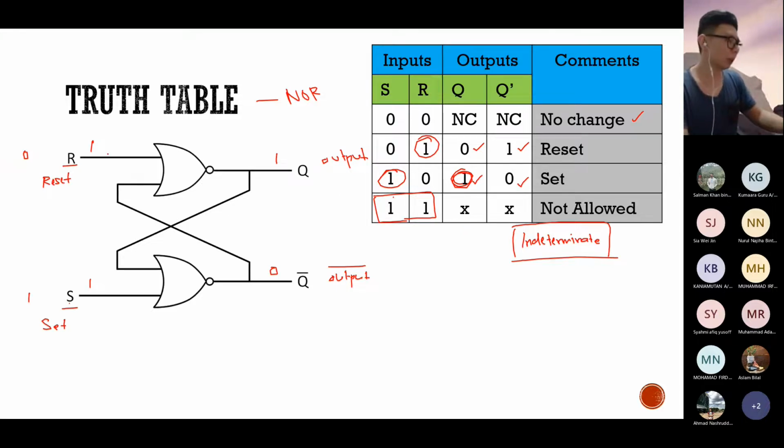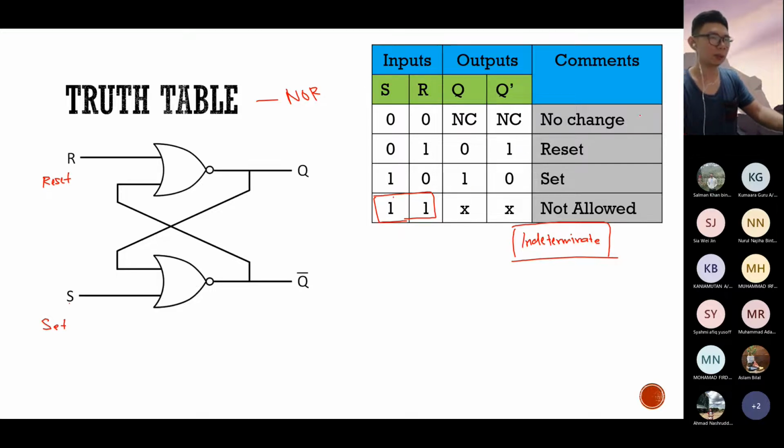Let's get back to why it is called reset and set. Let's just erase all this. The point to remember over here is very simple. If you have a value of R to be 1 over here, that means it wants to reset.